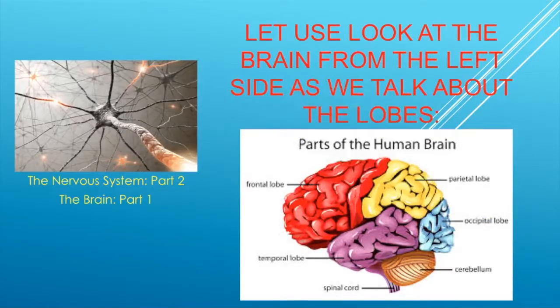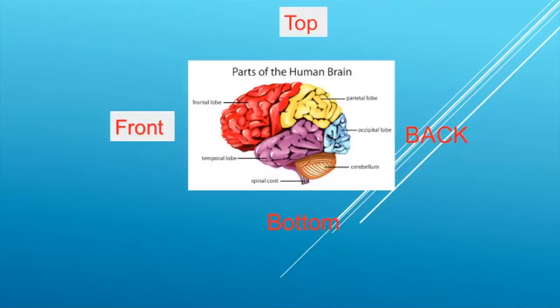Now let's look at the brain from the left-hand side as we go through the 5 major lobes of the brain. Now you can just see 4 on the surface of the brain, and this is just to orient you towards the left side of the brain, where the front is where the frontal lobe is, makes sense. The back is where the occipital lobe is.